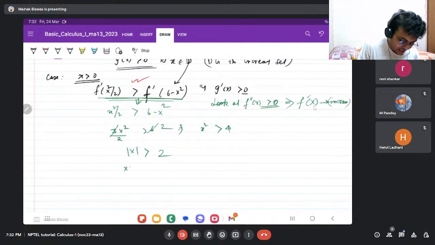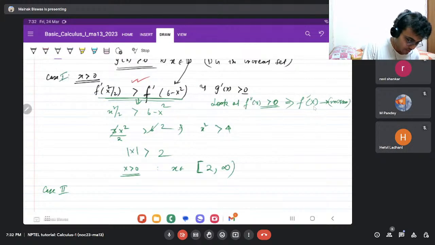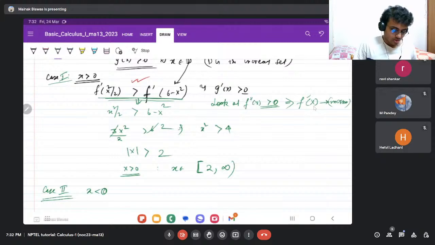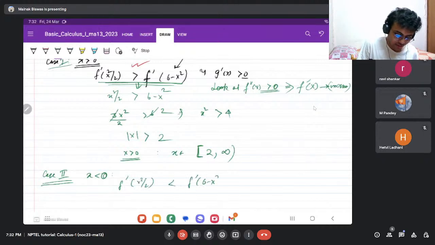Which means for x greater than 0, x belongs to 2 to infinity. Agreed? Case x less than 0: in this case f dash of x square by 2 has to be less than f dash of 6 minus x square.